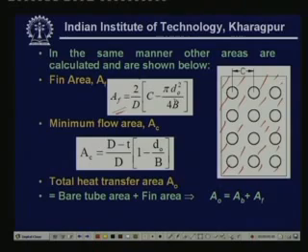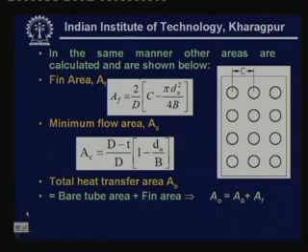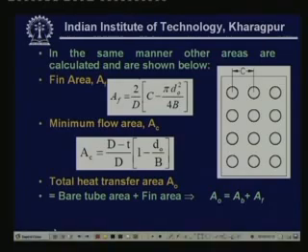Similarly, the minimum flow area is actually between the tubes, and the minimum flow area is somewhere here. This is where the passage becomes narrow, and this distance is the minimum distance. So we can find out what the flow area is at this point.